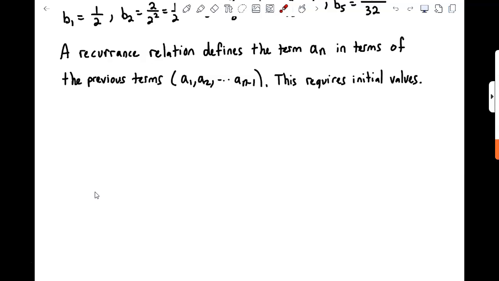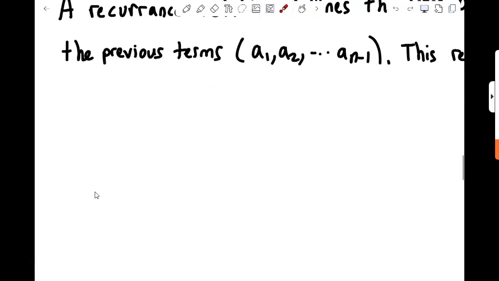A recurrence relation does require initial values. As an example, you use this in computer science when you sometimes define something recursively. For example, maybe your computer language doesn't support an exponent. Let's just pretend that it doesn't.